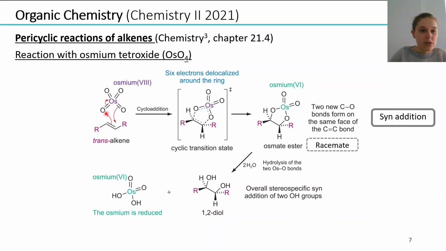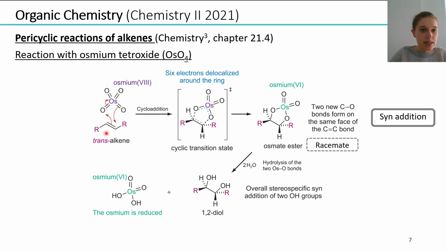And then further on, we will see that one electron pair moves towards osmium, and at the same time, another electron pair of a neighboring osmium-oxygen bond will move to form a new oxygen-carbon bond. And this reaction is then the so-called cycloaddition.